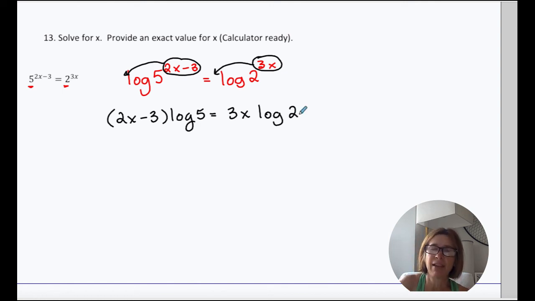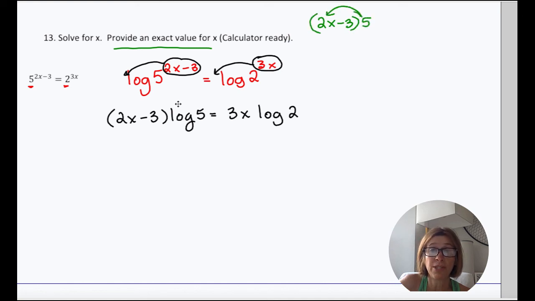Now this can be challenging, right? The first thing that we have to do, and it says provide as an exact value, so get a calculator ready. So we can't put this in our calculator, or we're going to get an estimated answer. So this is where I gotta get those x's alone, and I have them in a parentheses here. So if I had given you, I don't know, 2x minus 3 times just 5, what would you do?